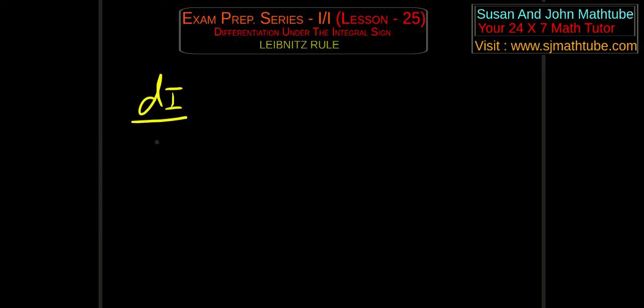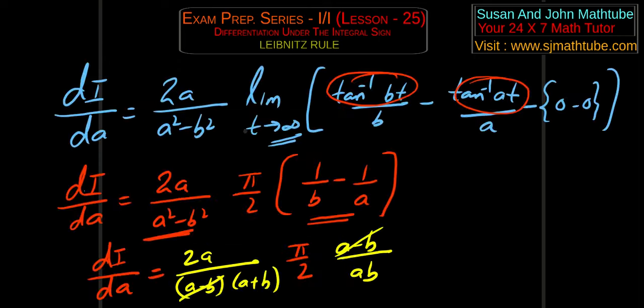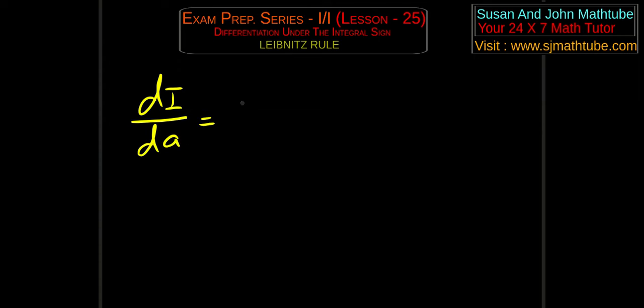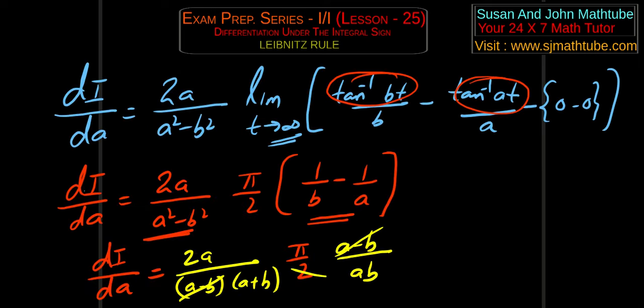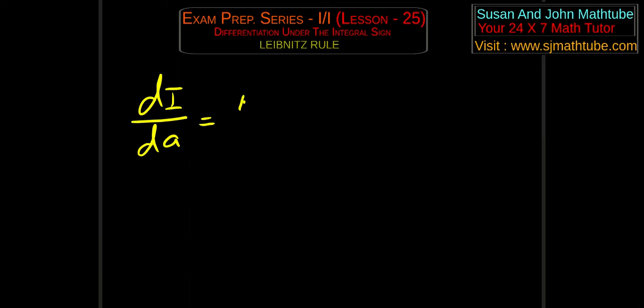So dI by dA is equal to, okay, our pi by 2 is still there. Oops, I forgot to cancel that too. So we have more things getting cancelled. It's more exciting. So we get pi by (a plus b). And b is also remaining. So we get pi by b into (a plus b).